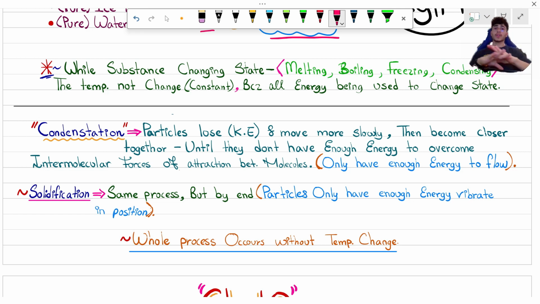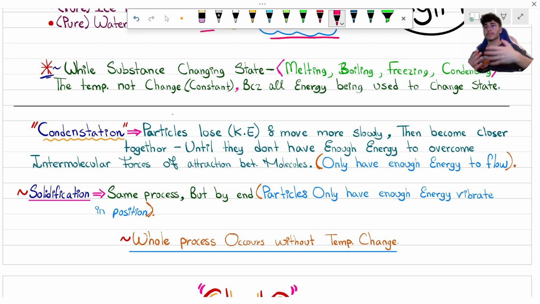Again, the whole process occurs without temperature change. Temperature stays constant. Condensation is simply particles losing kinetic energy and becoming slower. Particles moving very fast become slower, and eventually they've lost enough kinetic energy that they only have enough to keep moving very slowly, flowing across one another.